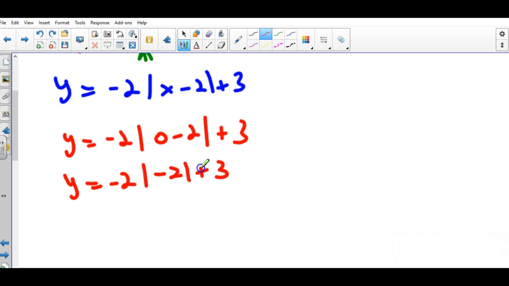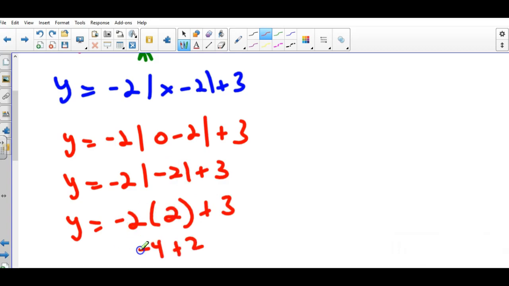Now what's the absolute value of negative 2? Well, y equals negative 2 times positive 2. The absolute value of negative 2, guys, is positive 2. So negative 2 times 2 is negative 4, plus 3, right?